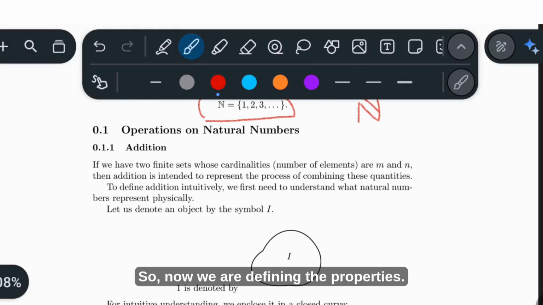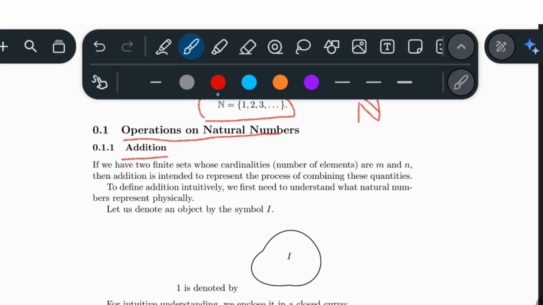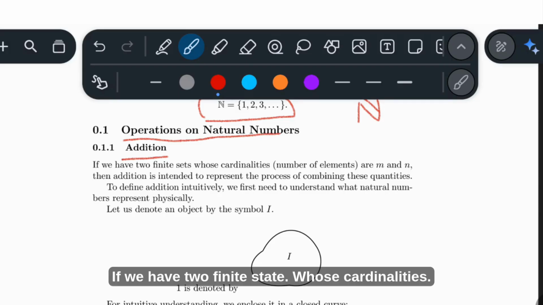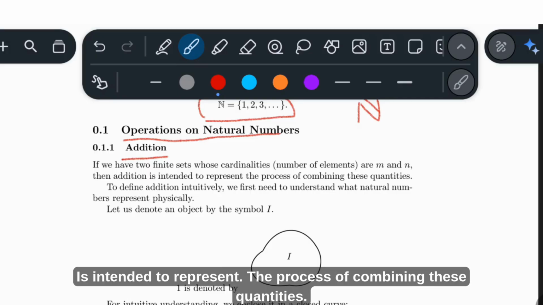So now we are defining the properties on the set of natural numbers. Addition: if we have two finite sets whose cardinalities are m and n, then addition is intended to represent the process of combining these quantities.